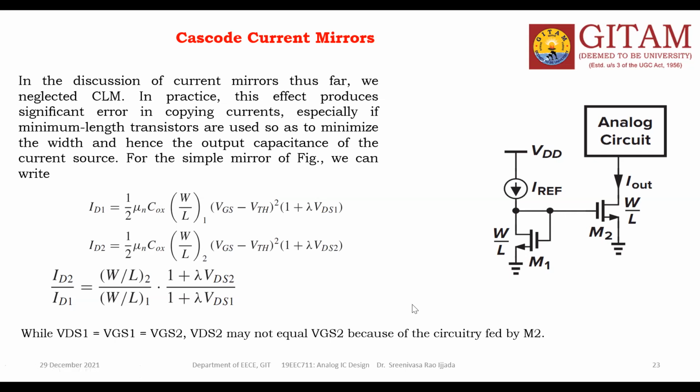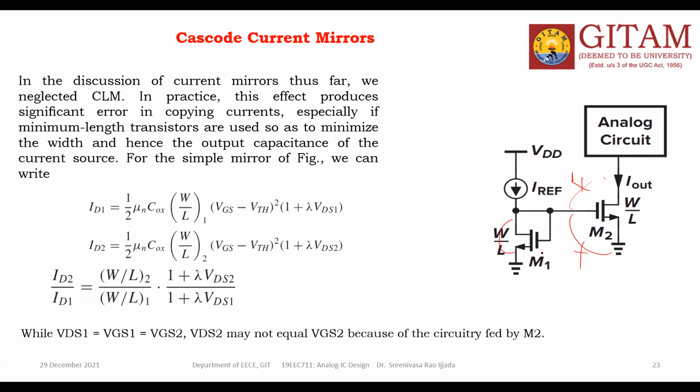But VDS2 may not be equal to VGS2, because of the circuit fed by M2. This potential and this potential are not equal.